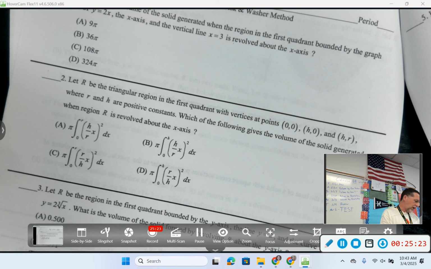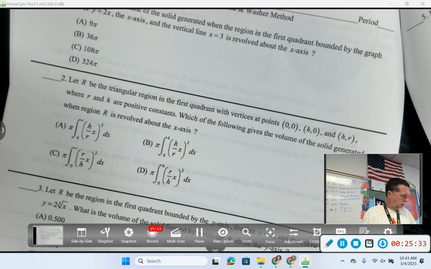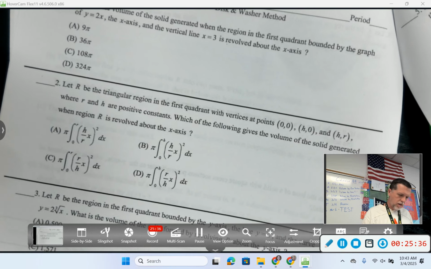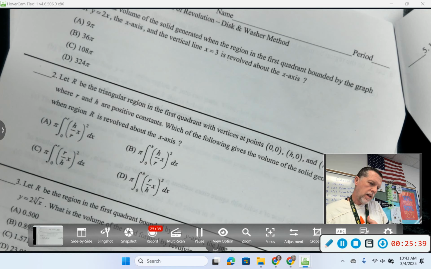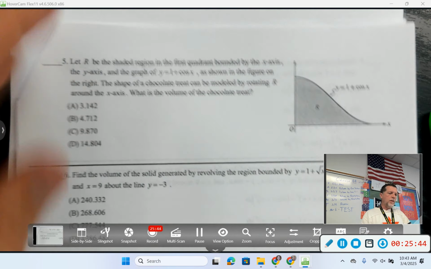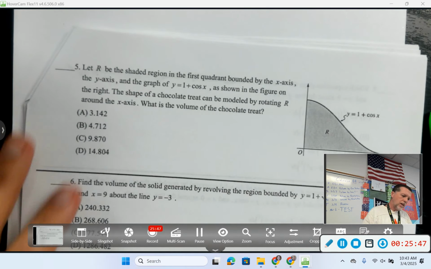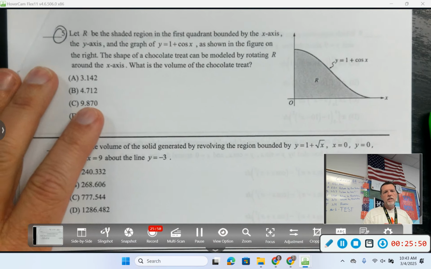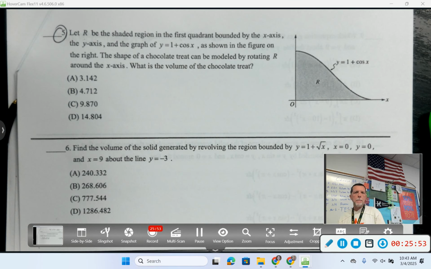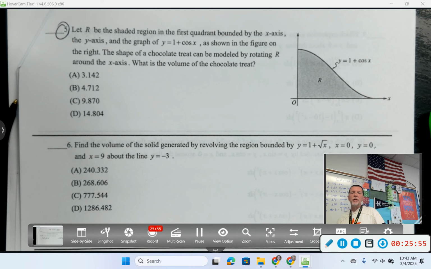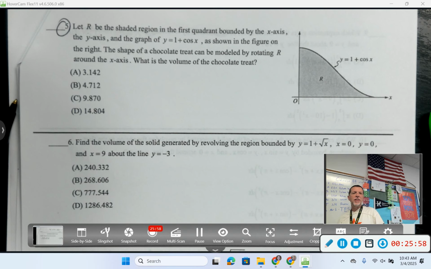We could go with the one the second period picked. Let's do... You know what? Why don't you try number 5 on worksheet 3? It's kind of similar to what we did yesterday, but it's a different equation. So worksheet 3, number 5.